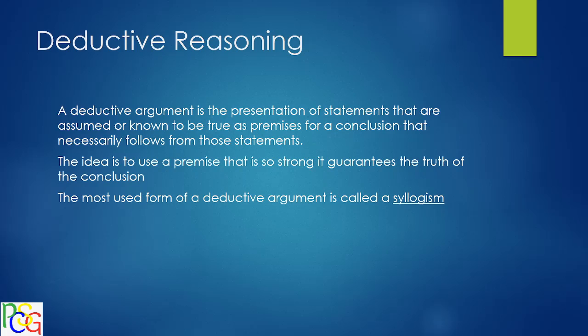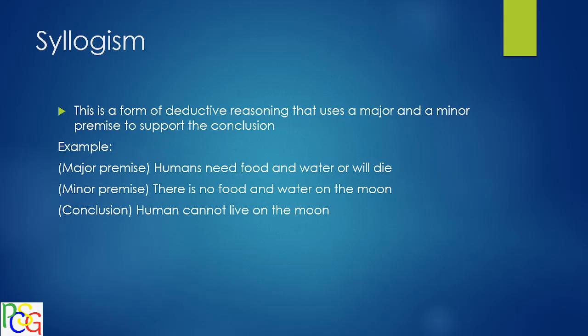So the idea is to use a premise that is so strong that it guarantees the truth of the conclusion. The most commonly used form of deductive argument is called a syllogism. This is a form of deductive reasoning that uses a major and minor premise to support the conclusion.